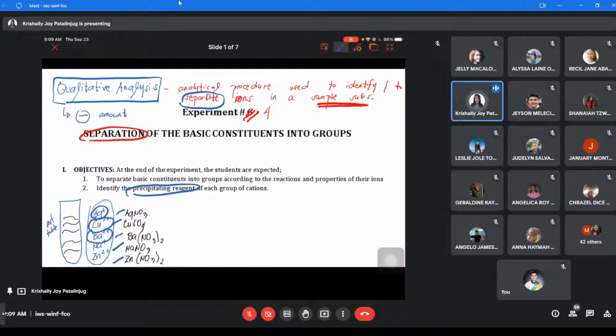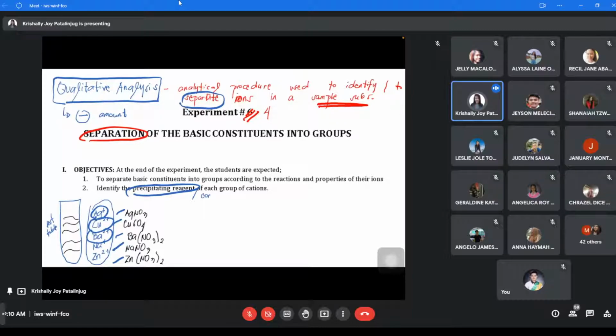That is the main character in a qualitative analytical procedure. You need a precipitating agent, which is also synonymous with what we call confirmatory agents or reagents, so that we can identify or separate the ion of interest that you want to separate. After precipitating, of course, you will form a precipitate.